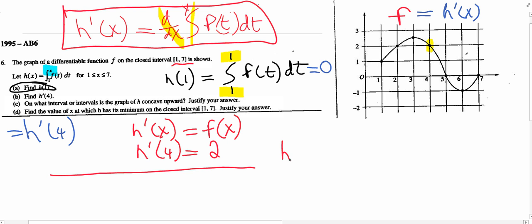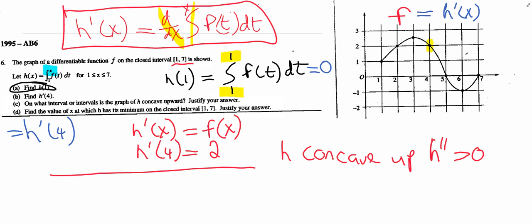H is concave up when the second derivative, when h double prime is greater than 0, right? Well, we already wrote this down up here, that this graph f is equal to the first derivative.